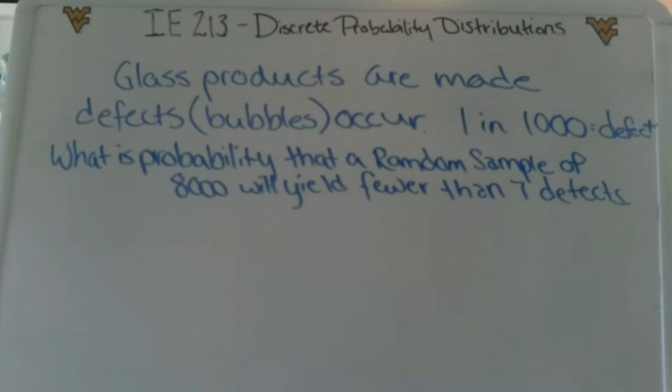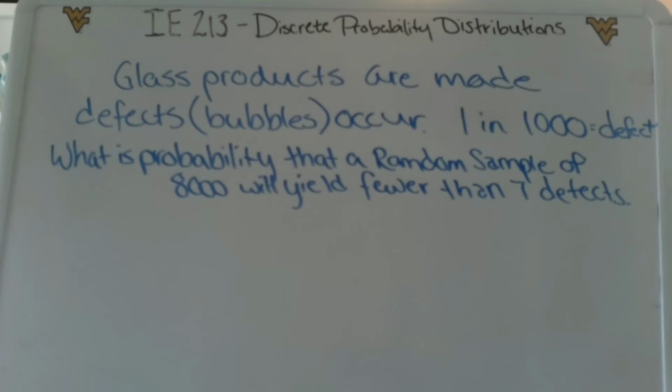Okay, so if we look at this example, we have glass products. When they're manufactured, defects and bubbles can occur, and that would be at a rate of 1 in 1,000 is equal to a defect. So what's the probability that a random sample of 8,000 will yield fewer than 7 defects?